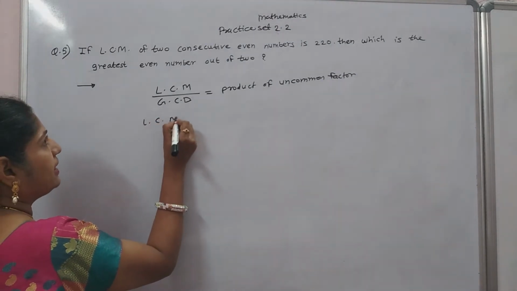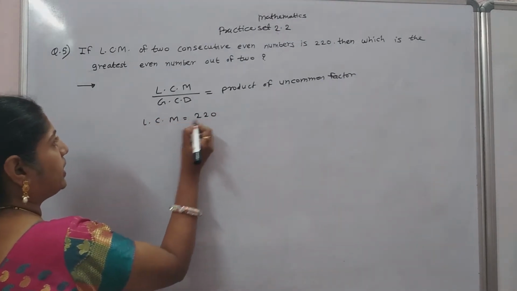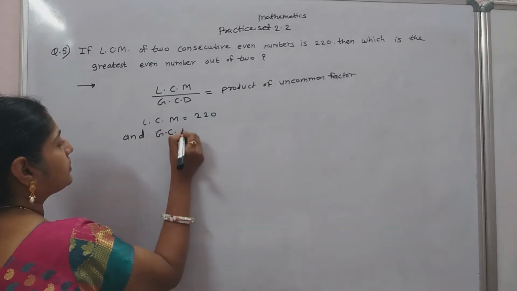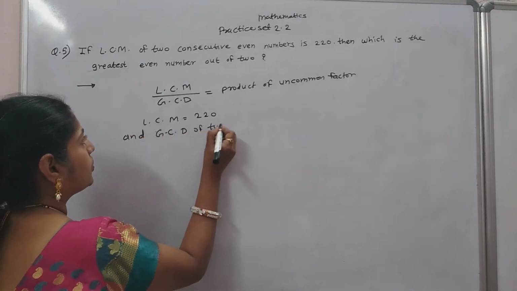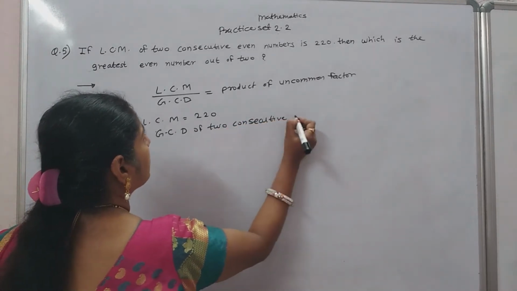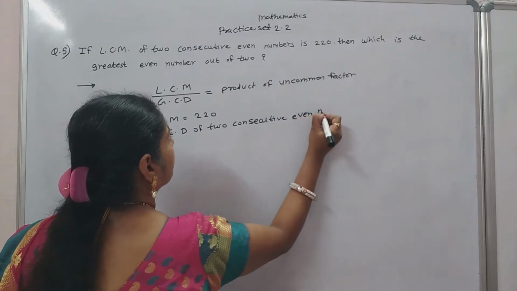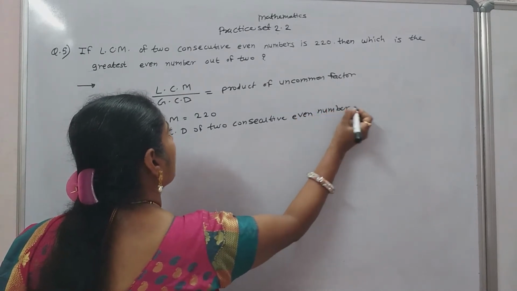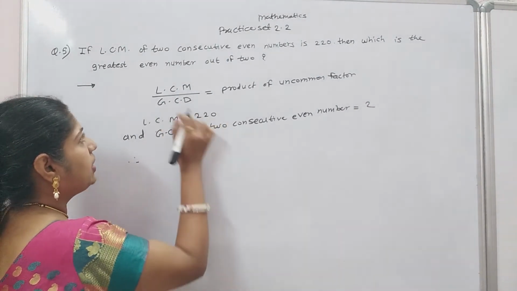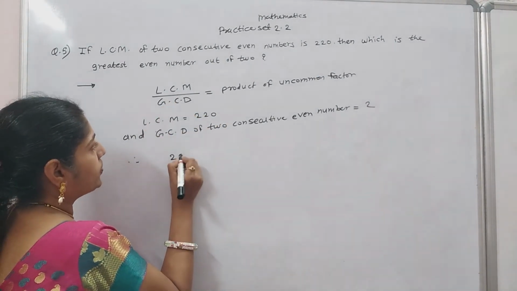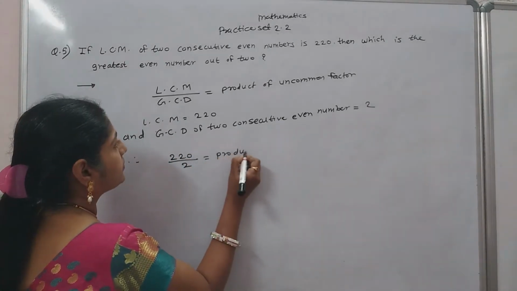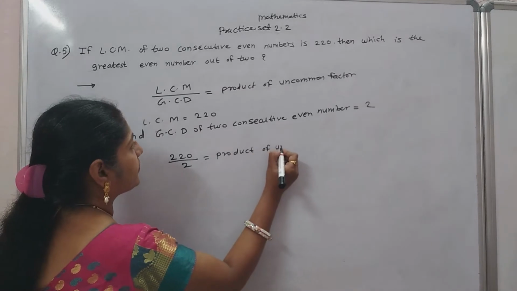LCM is given as 220, and the GCD of two consecutive even numbers is always 2. So put this value in the relation: 220 divided by 2 equals the product of uncommon factors.